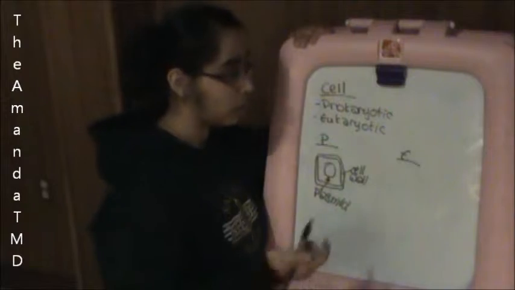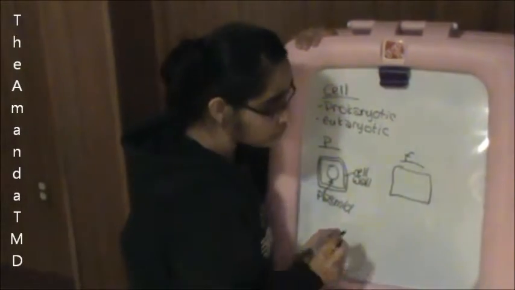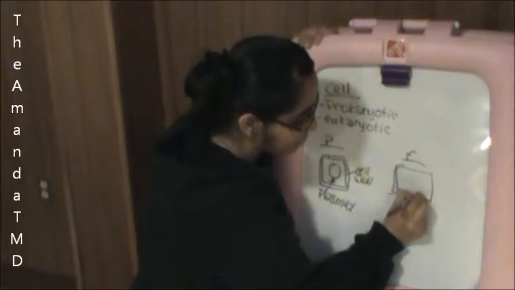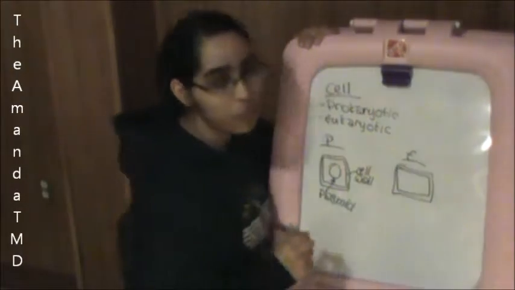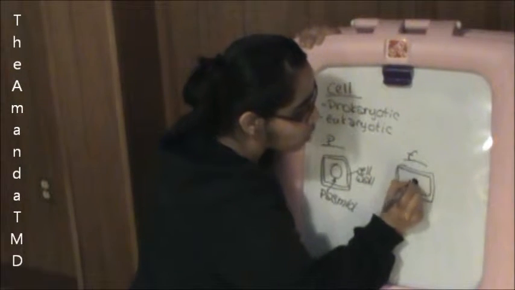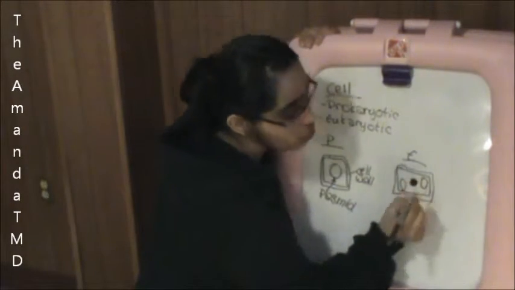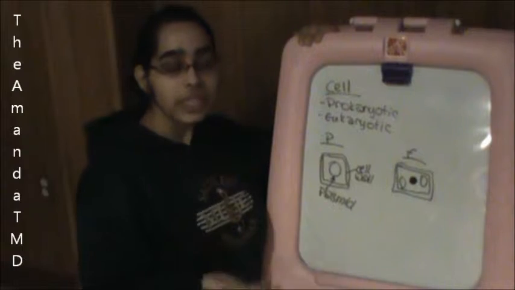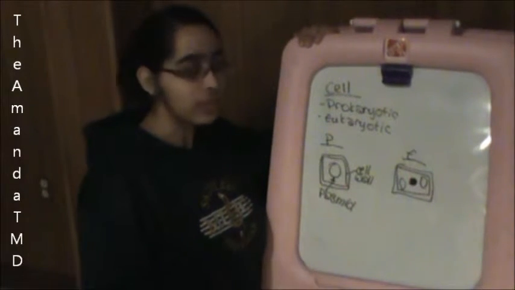Plant cells are square, and they have a cell wall. So this is my horrible plant cell. You have a nucleus here, which contains your DNA, and then you have other things, like vacuoles. Vacuoles are just the things that get rid of the waste from within the cell.